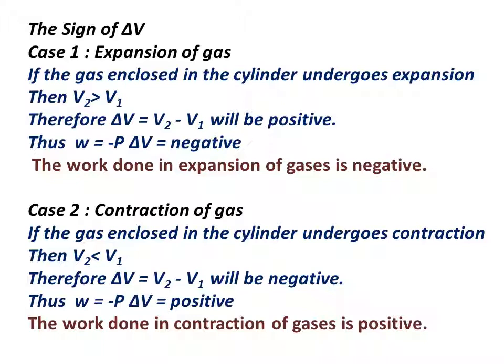Suppose a gas is expanding from 2 liters to 4 liters, the change in volume is plus 2, 4 minus 2, it will bear a positive sign. So what will happen to work done? Work done will always be negative. So work done in expansion of gases is negative. Why is this negative?